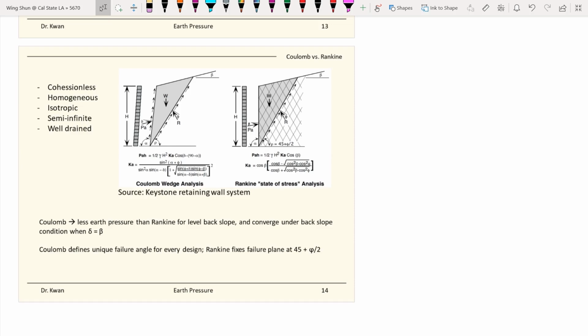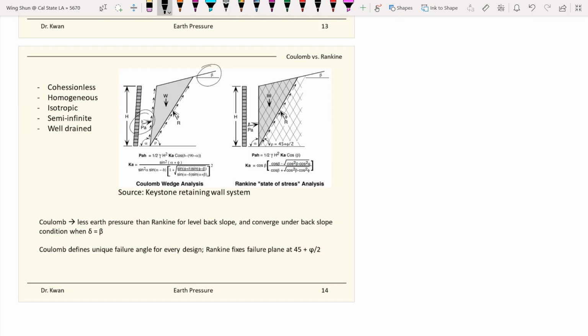Usually, Coulomb will underestimate the earth pressure compared to Rankine. But when you have a sloping ground, the two methods converge when the sloping angle gets close to the friction angle between the soil and the concrete face.